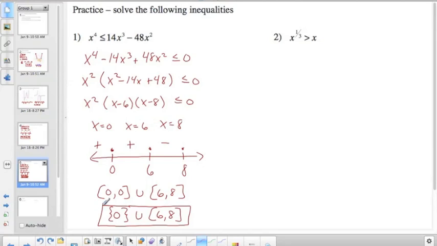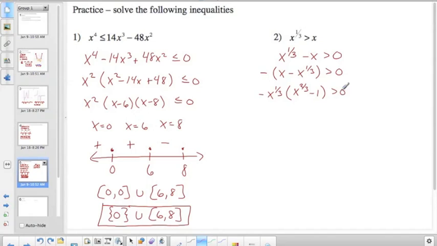If we look at the next one, number 2, we're first going to get everything to one side. I'm going to factor out a negative so that I can switch these. And then I'm going to take out x to the 1/3, which leaves me with x to the 2/3 minus 1.